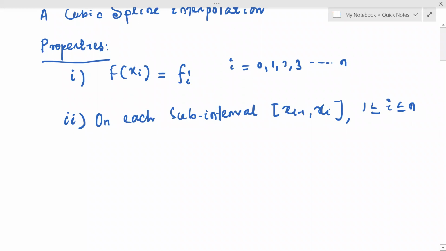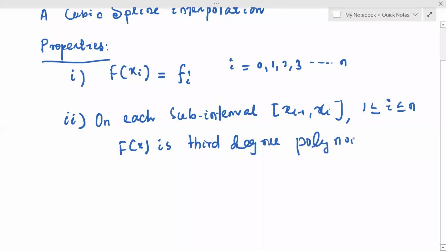capital Fx is the third degree polynomial. Third degree polynomial, just you have listened. So Fx is the third degree polynomial.